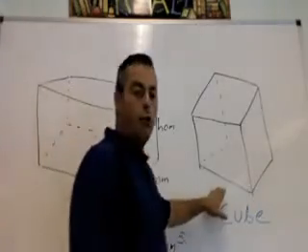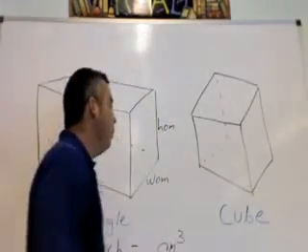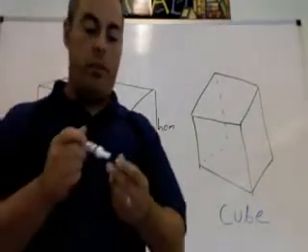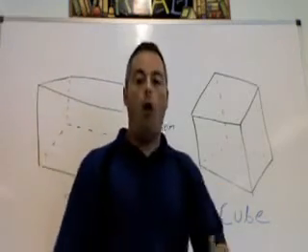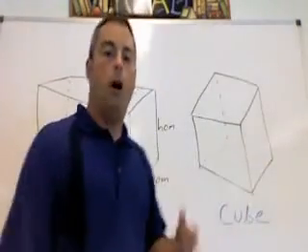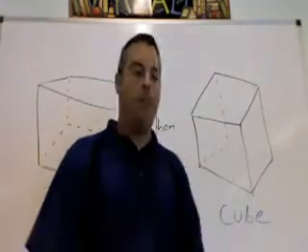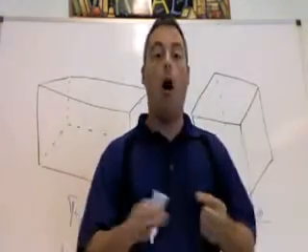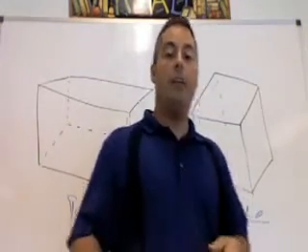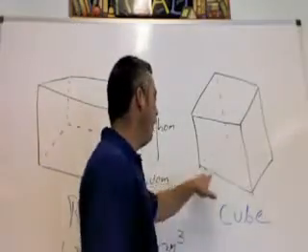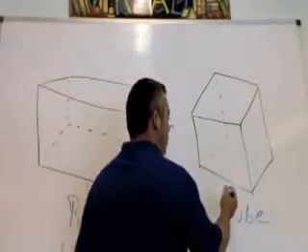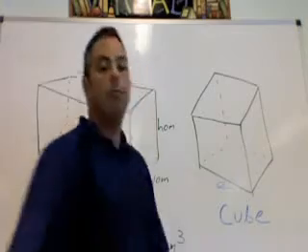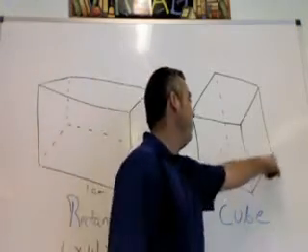The volume of a cube will be very similar in finding the length, the width, and the height. However, we'll notice that on this cube, all sides are equal. All sides have the exact same measurement. So we will label all sides that we will determine as being the same. So my length, let's stay with my idea of length, will be here. We'll label that E. My width will be here as well.